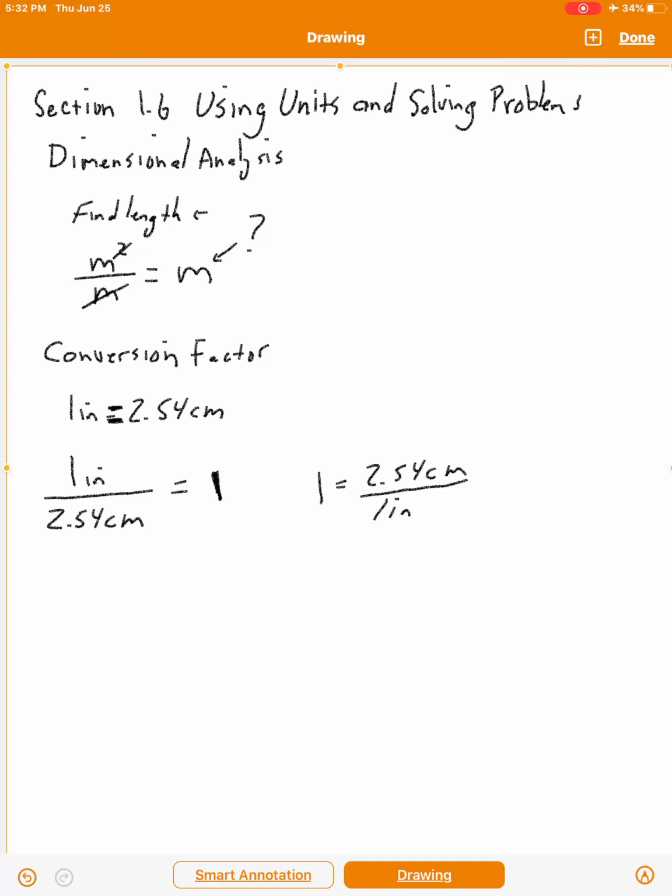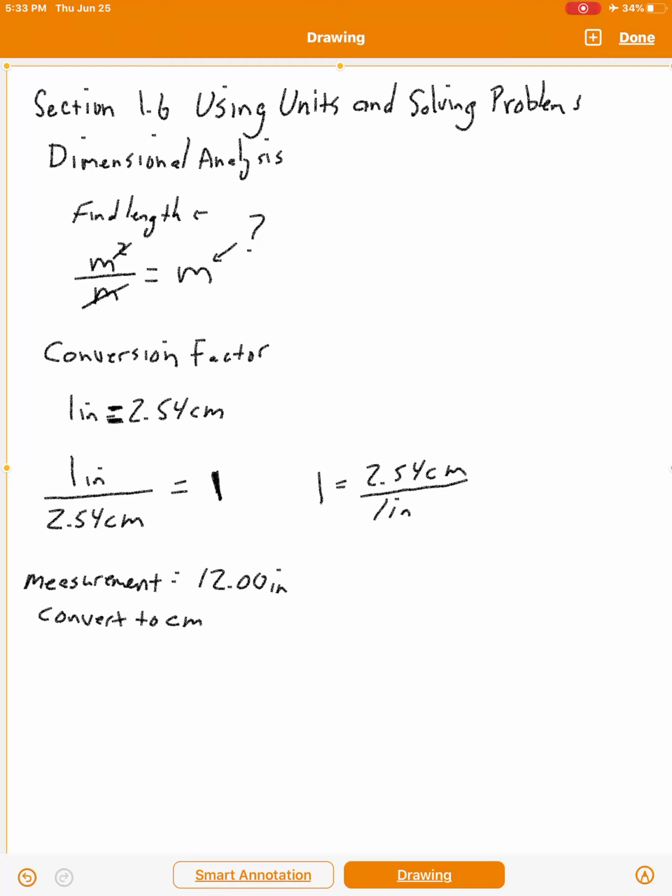So for example, suppose someone makes a measurement, and the measurement is length, 12 inches. And we want to convert that to centimeters. What we would do is we would pick one of these two conversion factors. Only one of them is the correct one.